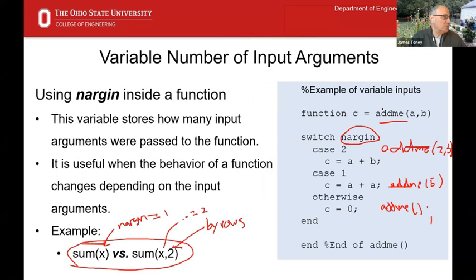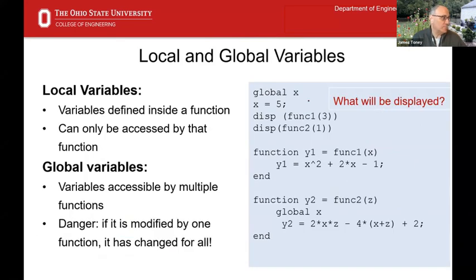You make it what's called a global variable. And the way you make it a global variable is you put a declaration here, global x. Okay, that makes this variable x global, which means it can be accessed by different functions. However, any function that's going to use it has to have that same declaration, global x.